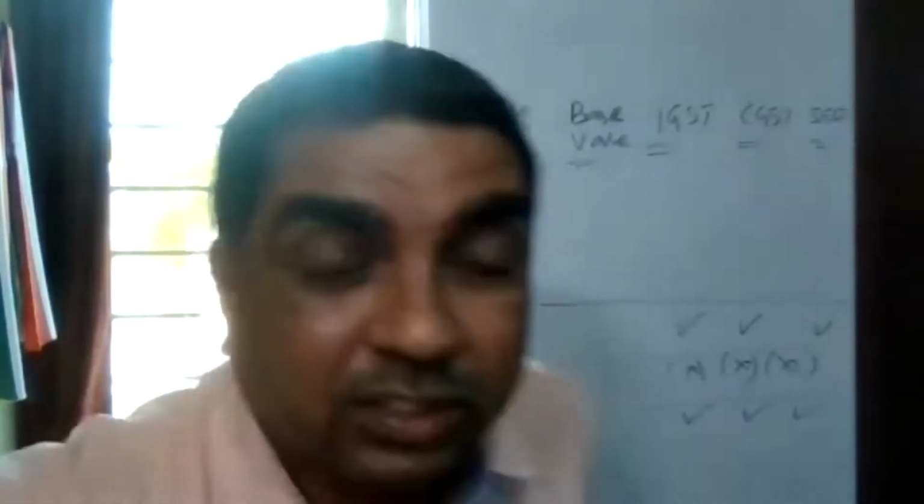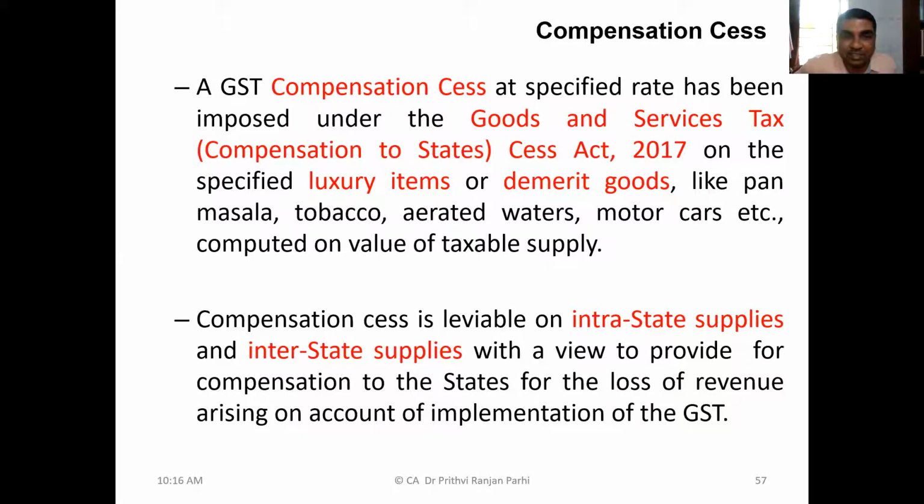Today, one more concept we need to learn, that is compensation cess. You already know that, but still, let me explain the theoretical things. Compensation cess is levied under an act called the Goods and Services Tax (Compensation to States) Cess Act, 2017.